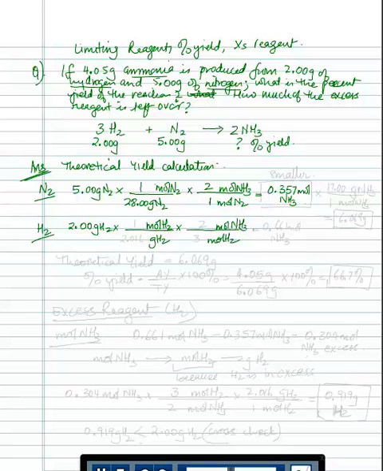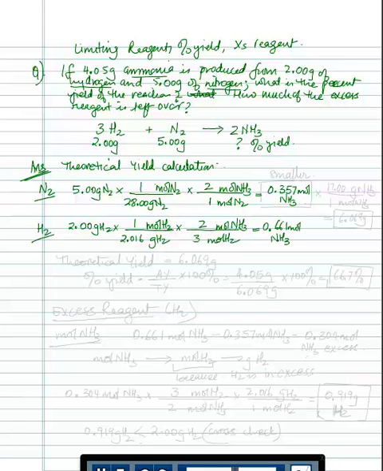And let's fill in the numbers. 1 mole of hydrogen has 2.016 grams of hydrogen, and then 3 moles of hydrogen gives me 2 moles of ammonia. Once I do this calculation, I will get 0.661 moles of ammonia.